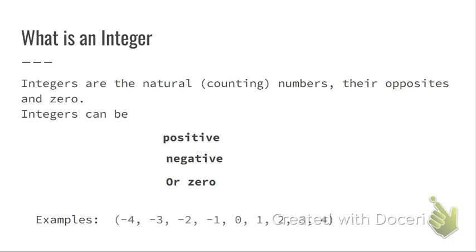So some examples: -4, -3, -2, -1, 0, 1, 2, 3, 4. Obviously, there are numbers in between those whole numbers, things like 1/2 or 0.75.